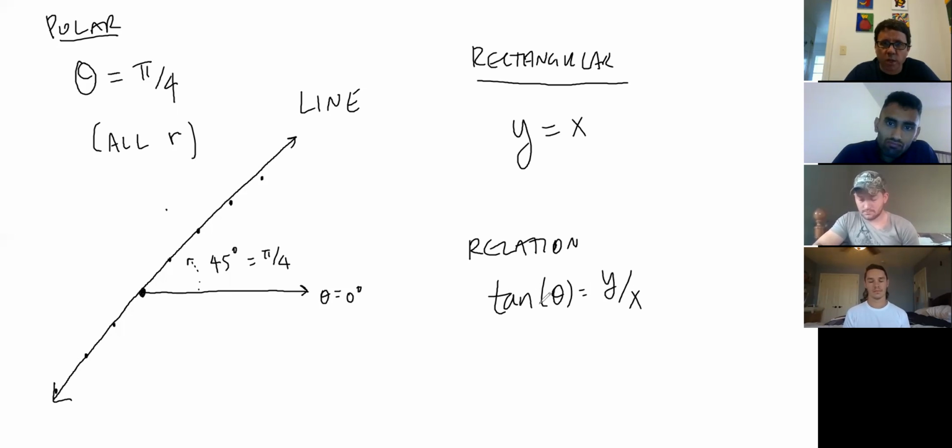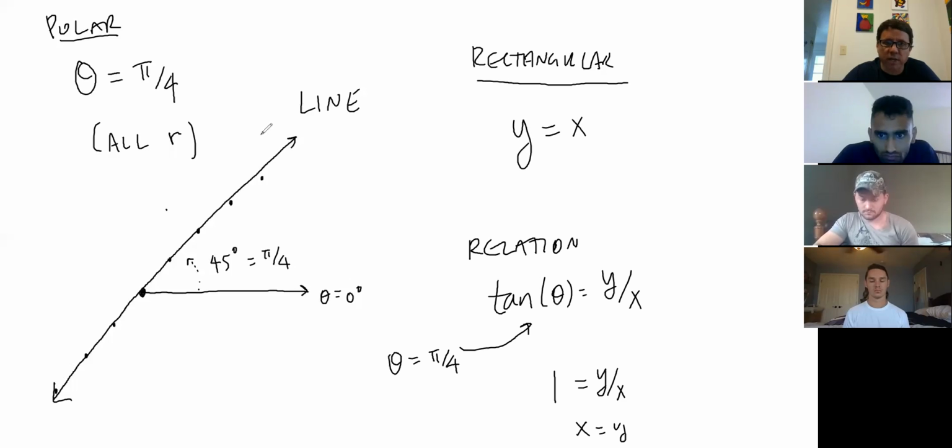So I plug in theta equals pi over 4. The tangent of pi over 4 is equal to 1. So I get 1 equals y over x. And if I multiply both sides by x, I get x equals y, or y equals x. So that's exactly the line that I'm talking about. So there are ways to go from these strange equations in x and y to polar, or from polar equations back to rectangular. So there's your basic ones.